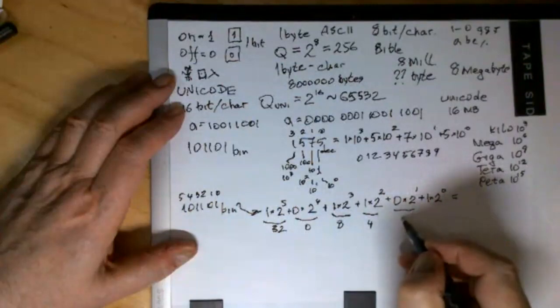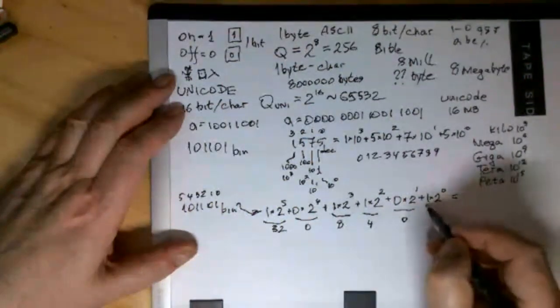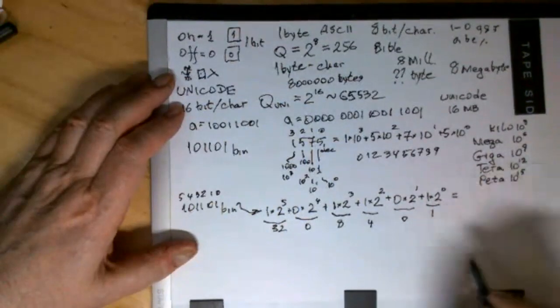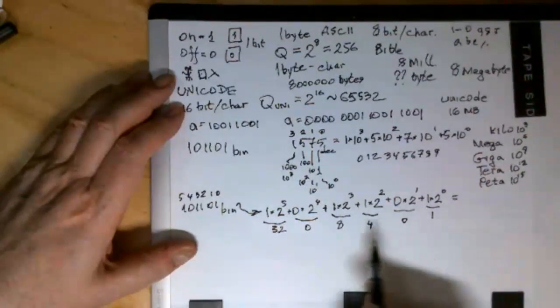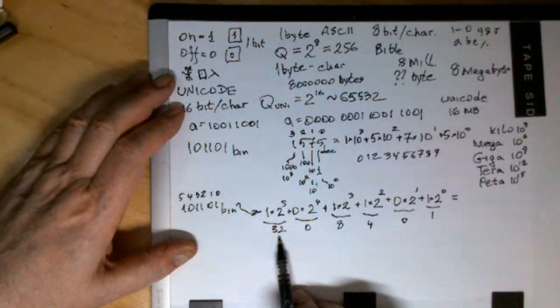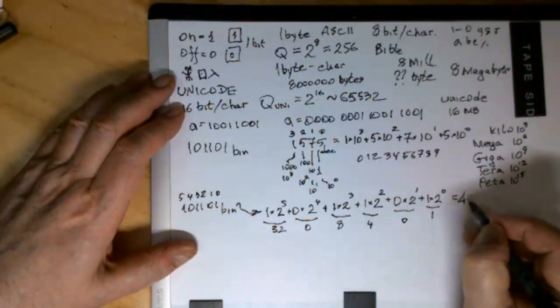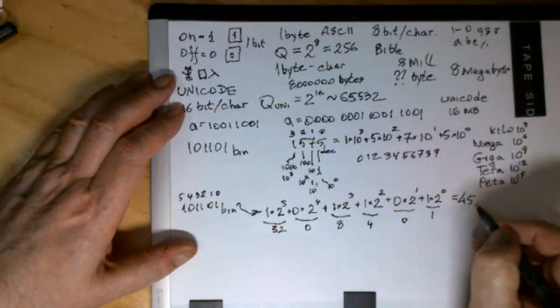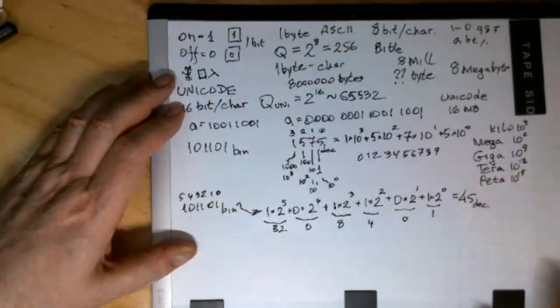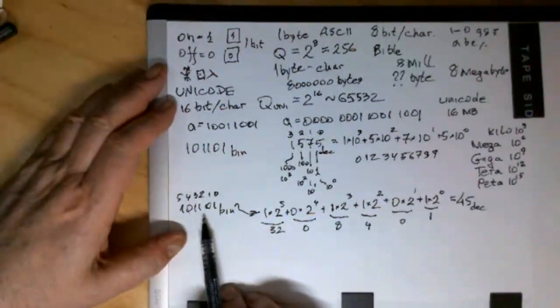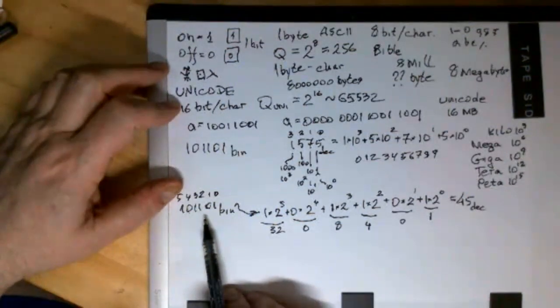Then this one will be 0, and that will be 1, because 2 in the power of 0 is 1. So now we are able to calculate. 32 plus 8 will be 40, so that will be 45. 45 in decimal. So folks, that actually proves that in this case we can use binary code to represent any quantity.